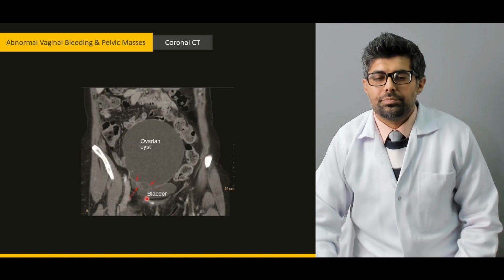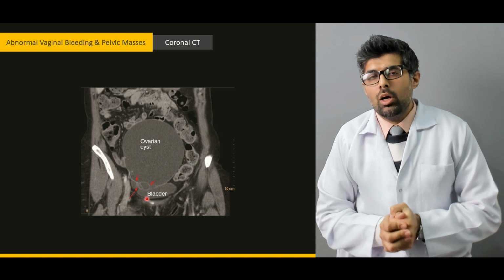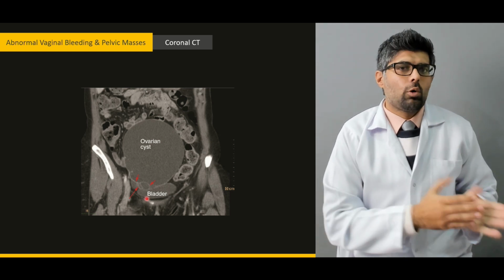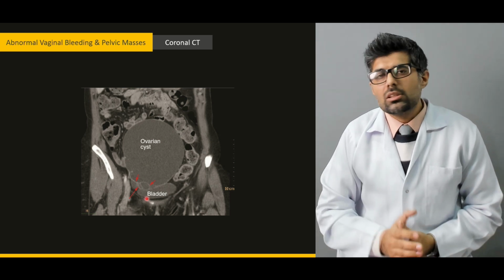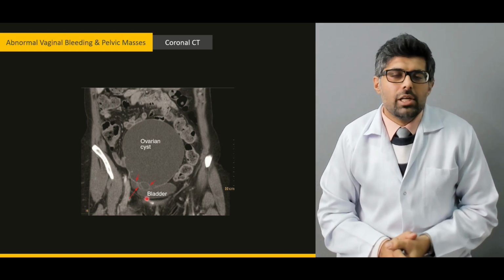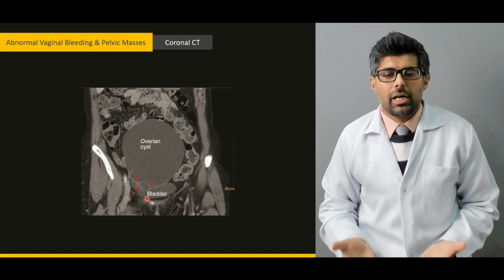Next, we have again ovarian cysts. Now, the previous example of the ovarian cyst was of the simple type, but cysts are not always simple. Usually, they are either complex or of the mixed type.